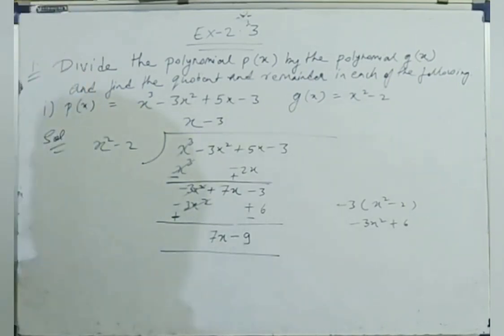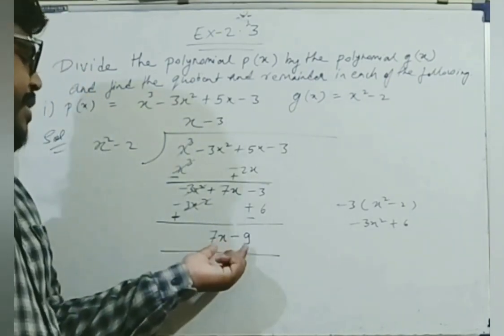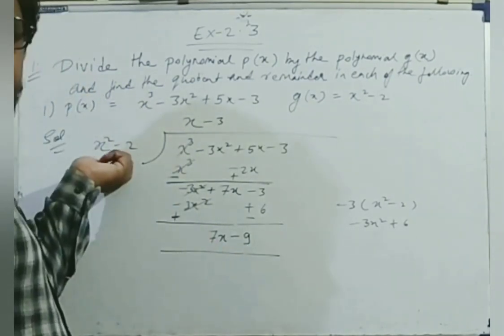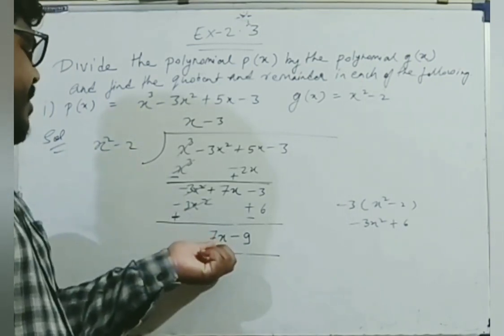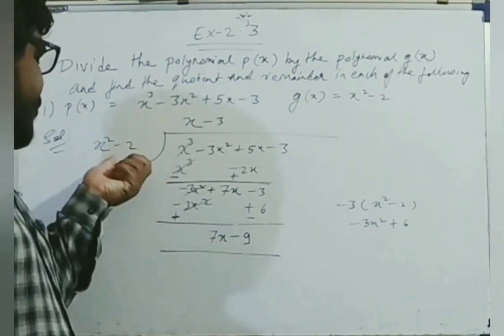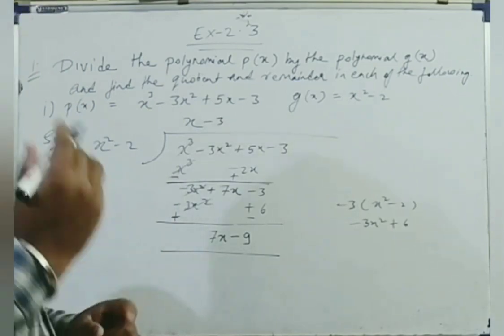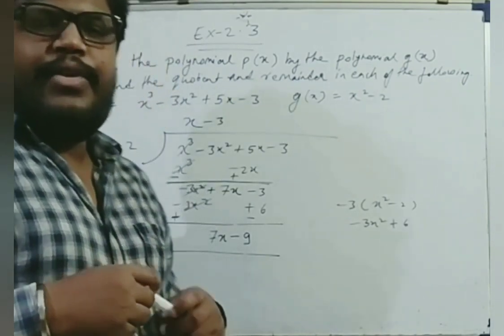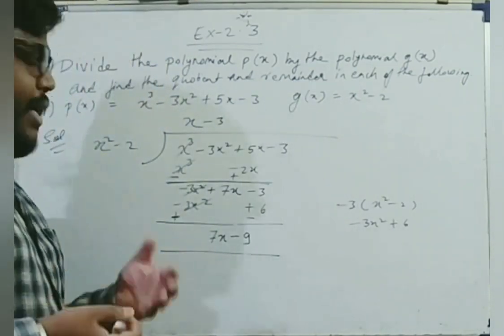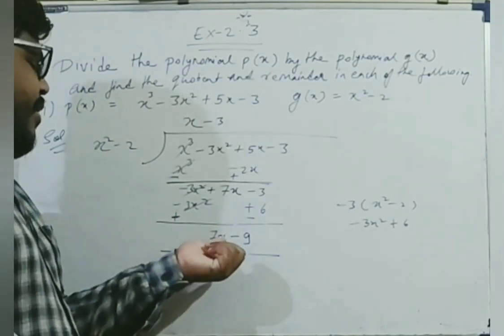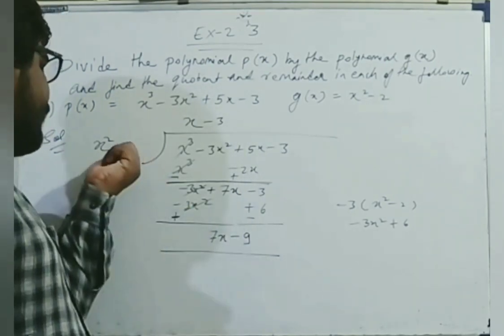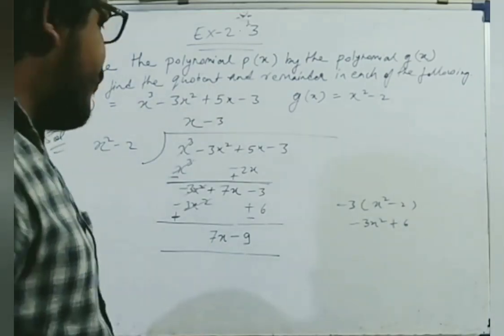Here the degree of this expression is 1, and the degree of the divisor is 2. So the degree of the remaining part is less than the divisor, so you have to stop the process. In two cases we generally stop the process. First, when we get the remainder 0, and another case is when the degree of the remaining part is less than the divisor.